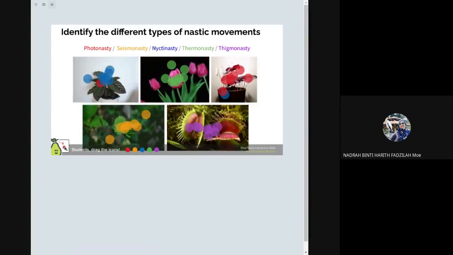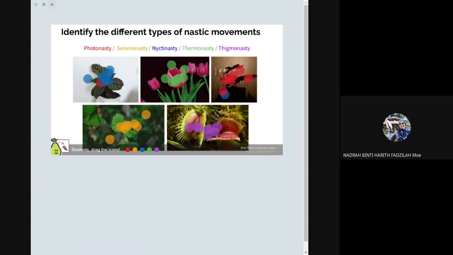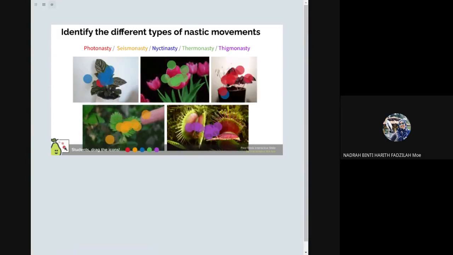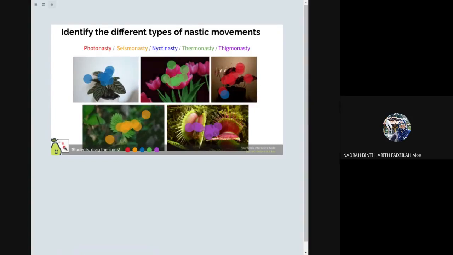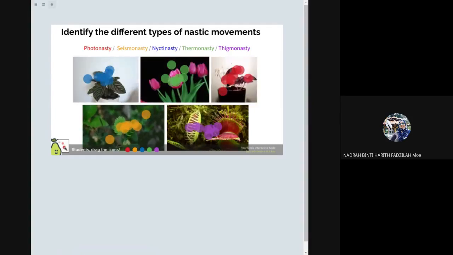Bila ada cahaya baru dia bergerak. So itu adalah photonasty. So dot merah should be on the right picture. Gambar baris atas, gambar sebelah kanan. Gambar yang kanan sekali. Okay.